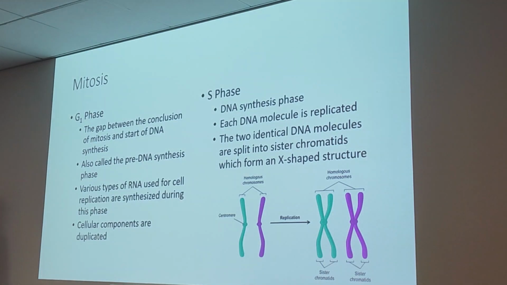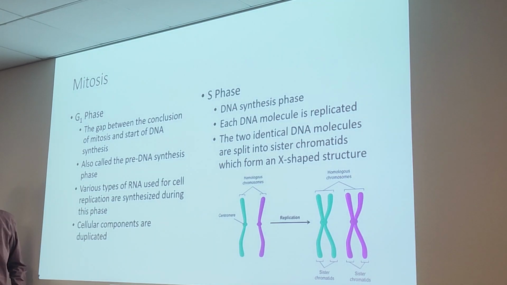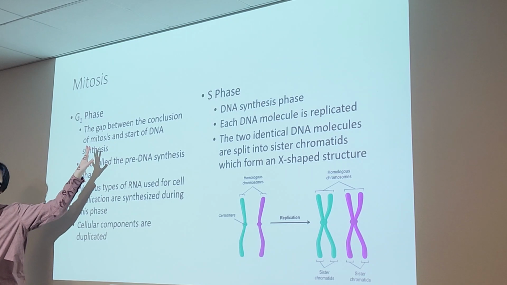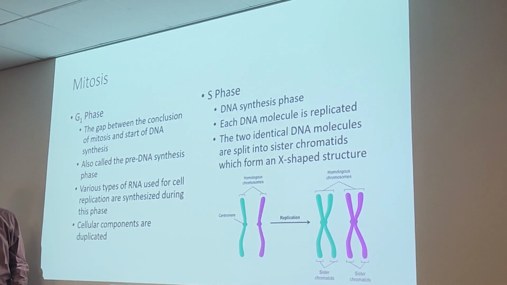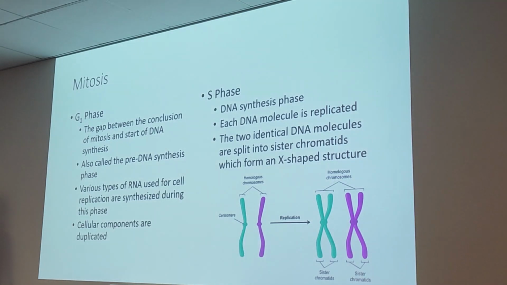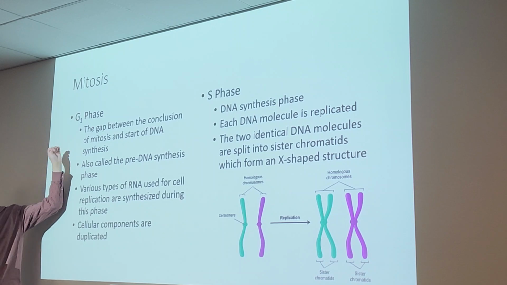We also call this the pre-DNA synthesis phase because this happens before we create more DNA. Basically, the cell's just doing its normal job, not doing anything too fancy. It is going to be working on making more organelles in preparation for division though. So not too much happening during G1.